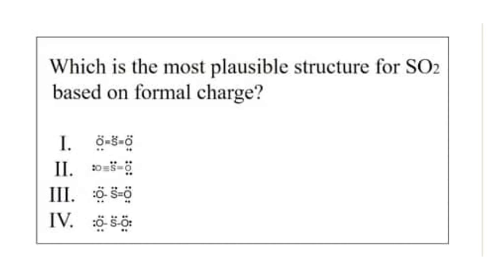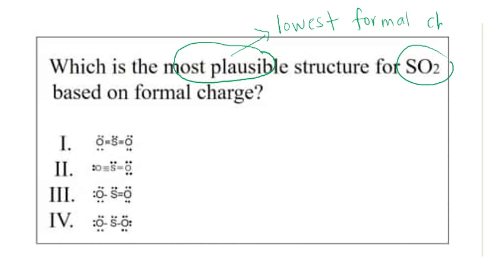Question 19. Which of the following is the most plausible Lewis structure for SO2? Most plausible means that it will have the lowest formal charge, where the formal charge for each atom, if possible, is equal to 0.